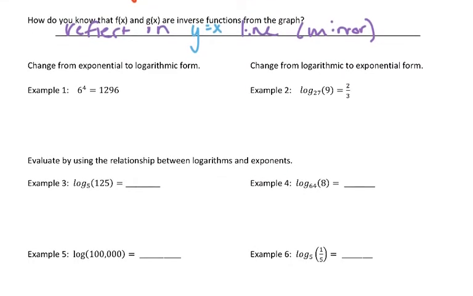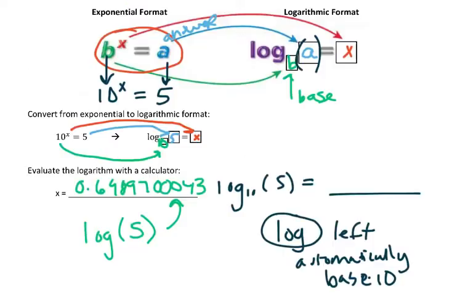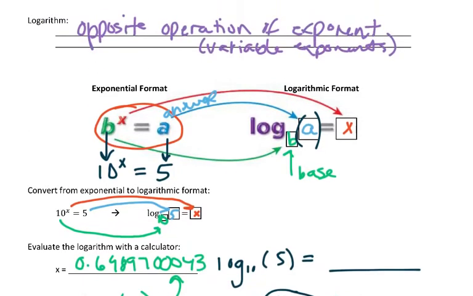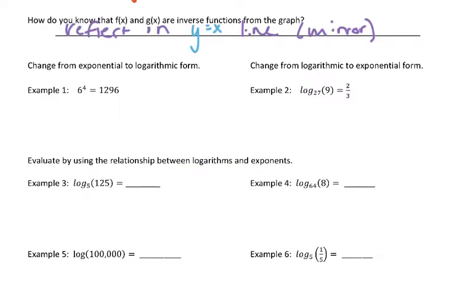So then we have a few examples here, and so we're going to change in example 1 this piece from exponent form to logarithm form. So remember that we're kind of using this diagram here with all the colors. So our b, or our base, is going to be the log base. Our exponent is going to become the answer, and our a, or our answer, is going to become what's inside the parentheses.